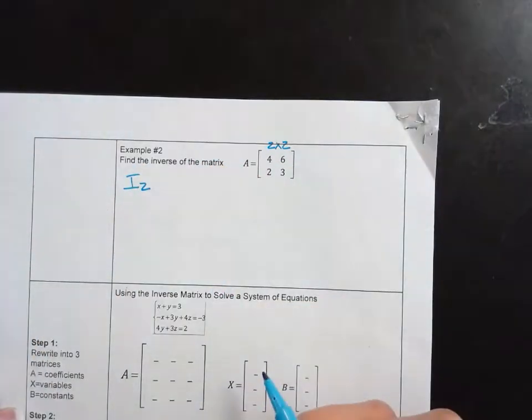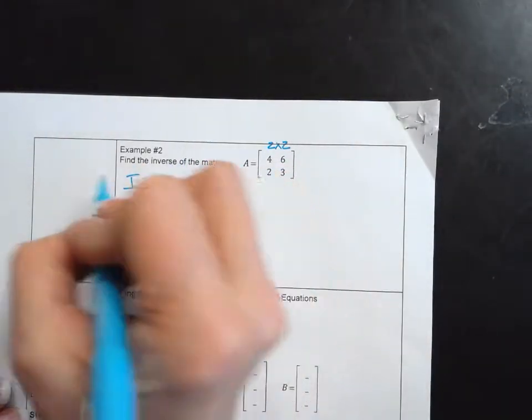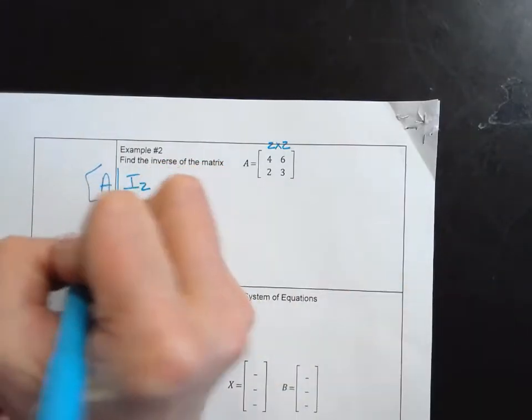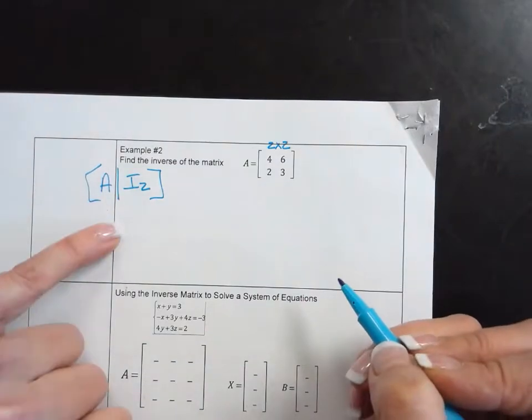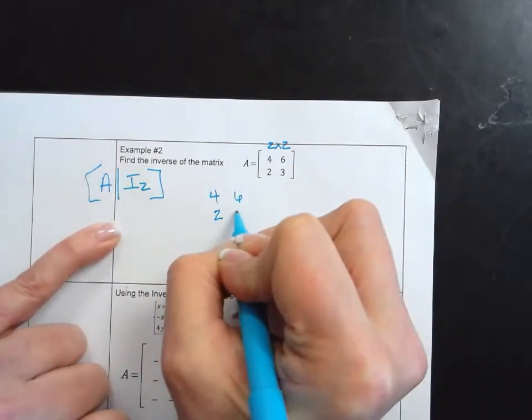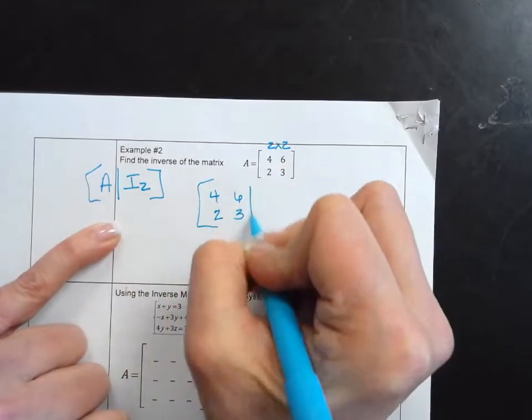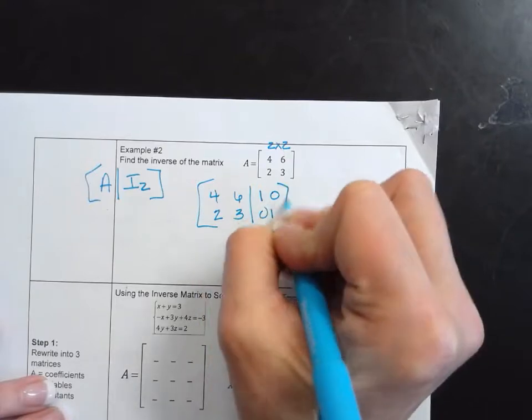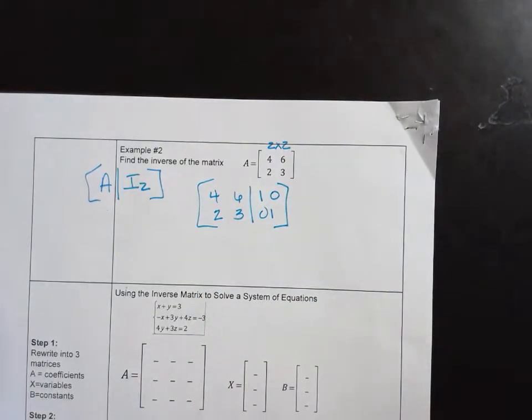I'm going to use an identity of a 2. So I have 4, 6, 2, and 3. There's my A. And my 2 by 2 identity is that.